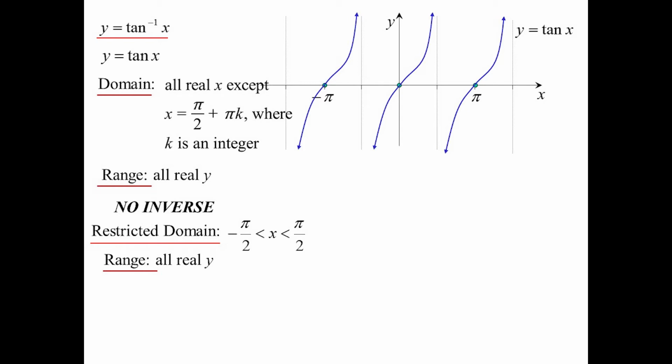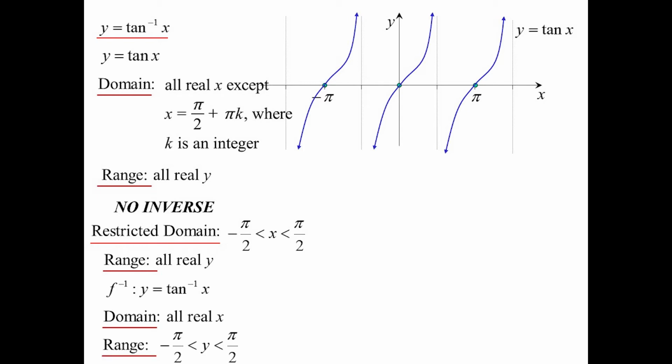But notice we're not including those endpoints because that's where the asymptotes are. And the range is all real y. So therefore the domain for inverse tan is all real x, and the range will go between minus pi on 2 and pi on 2.